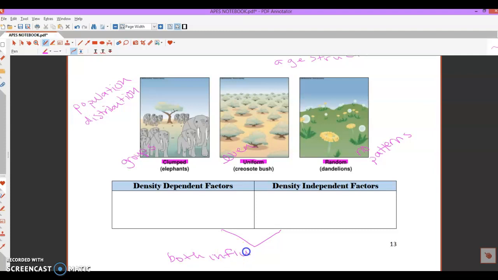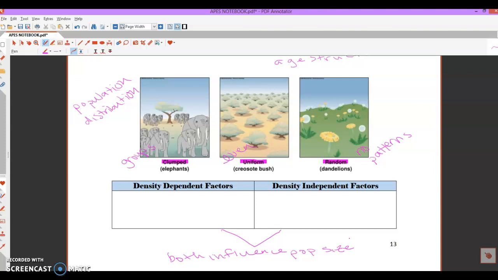Okay? All right. Now, here's what is the difference. What exactly is happening within the environment that is going to cause essentially the population to change?